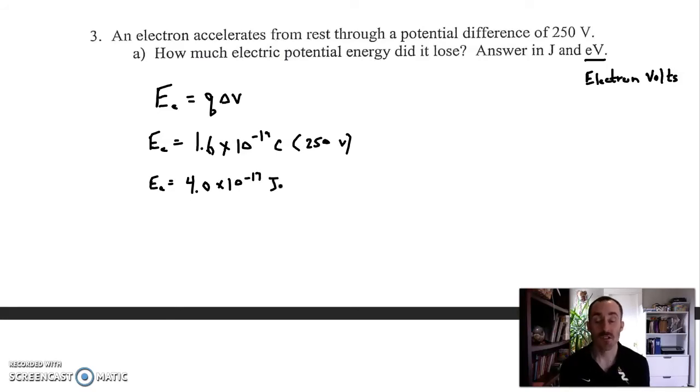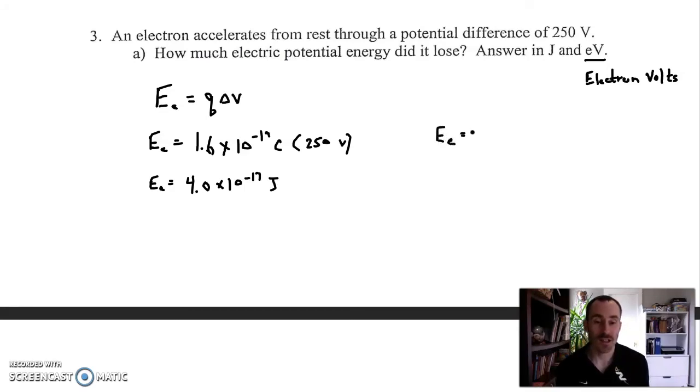Okay, now here's the purpose of electron volts. Notice that we used coulombs in here to figure out what the electric potential energy was. If instead of using coulombs in here, we would use ECs, then we would get electron volts. Okay, so we could also do the same calculation.